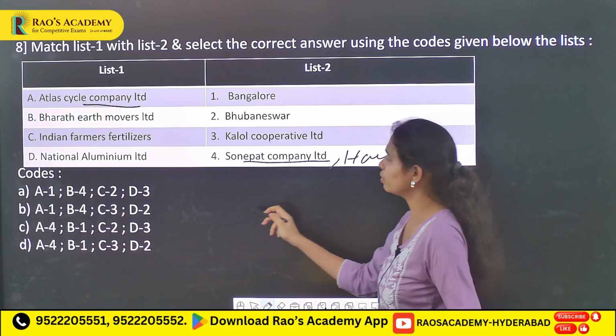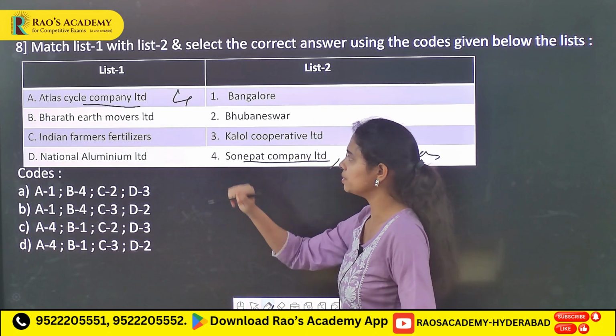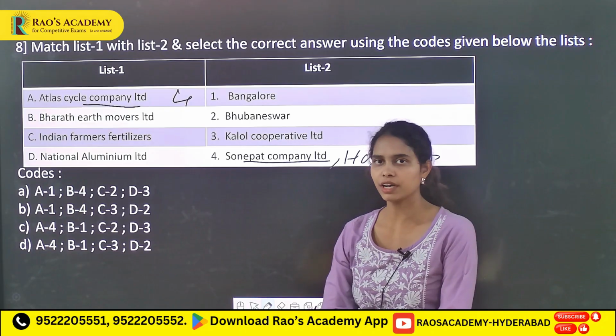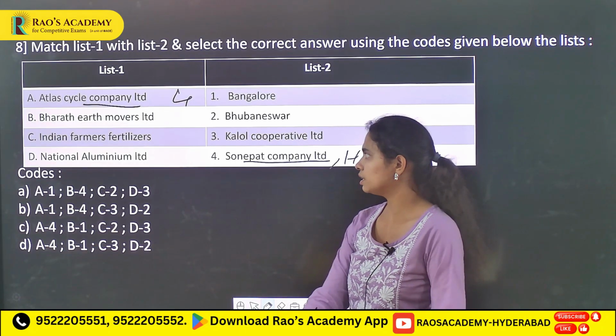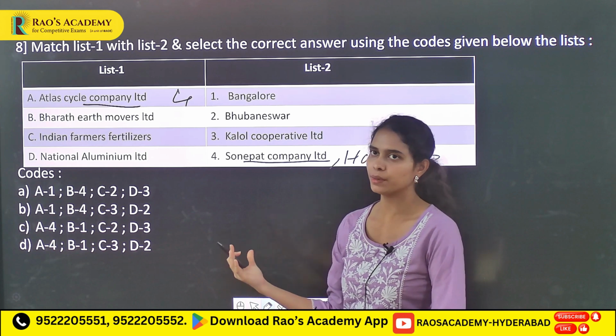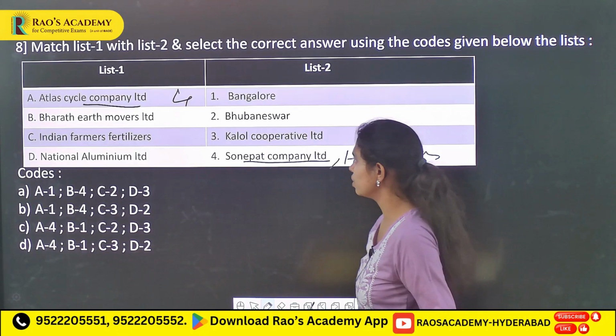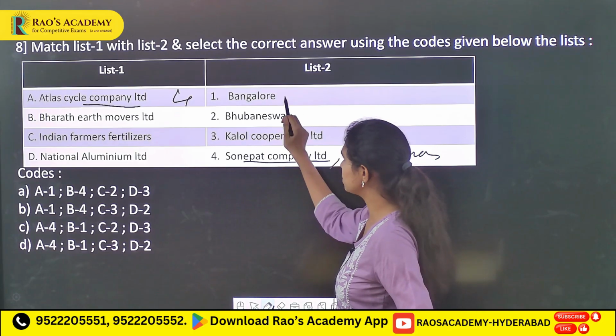Then that is the fourth one, then followed by Bharat Earth Movers Limited. This company manufactures heavy equipment, especially in the defense as well as the infrastructure sector. So here it is observed in Bangalore.